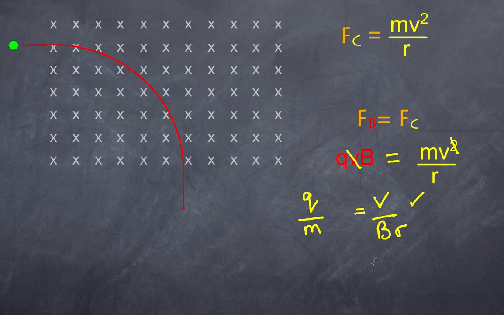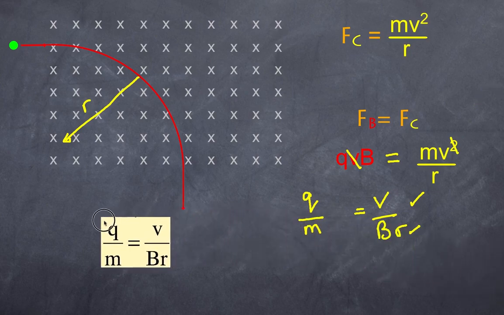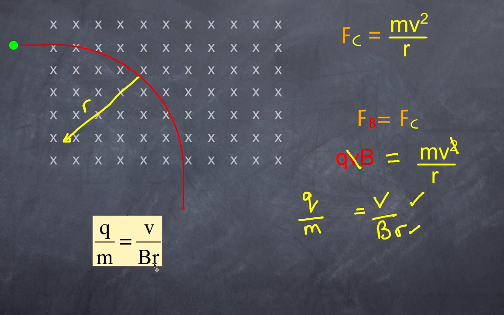We already have the magnetic field, but by measuring the amount of curvature, and remember, what the charges do is that they cause a glass screen to fluoresce, he was able to determine the actual radius of the curvature of this particular cathode ray. So he was able to determine v as well. And as a result, he was able to work out what we call the charge to mass ratio. It's equal to v over BR.